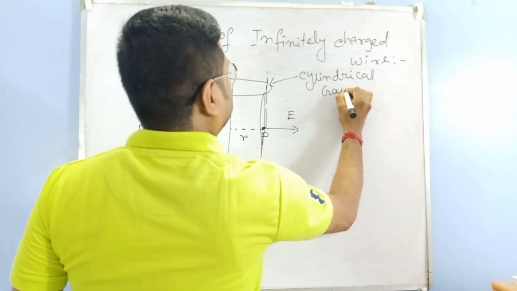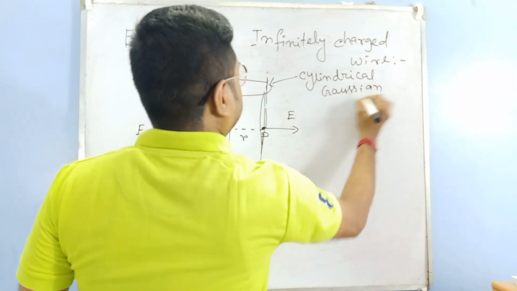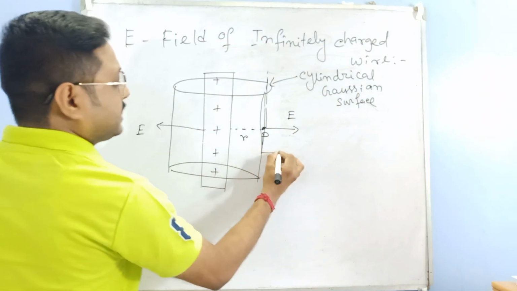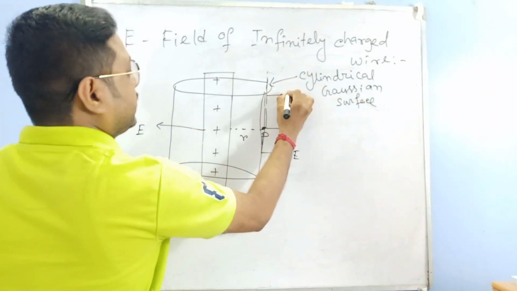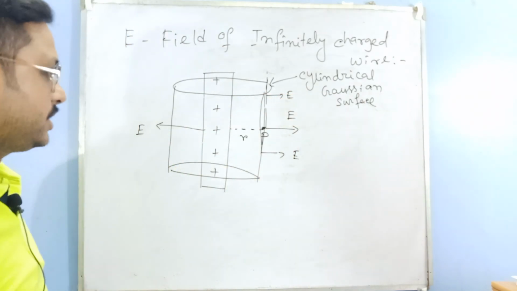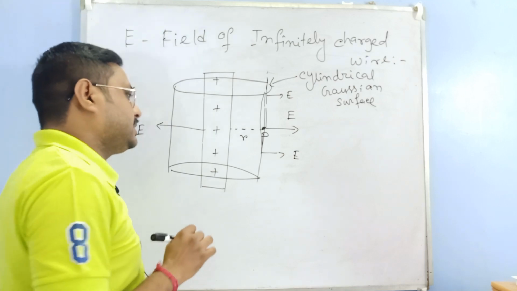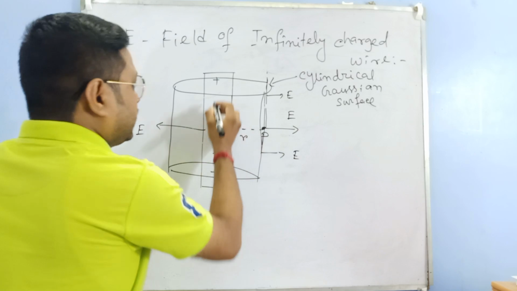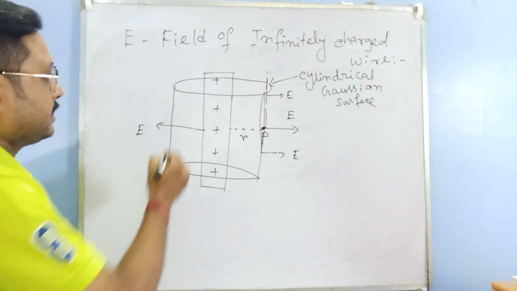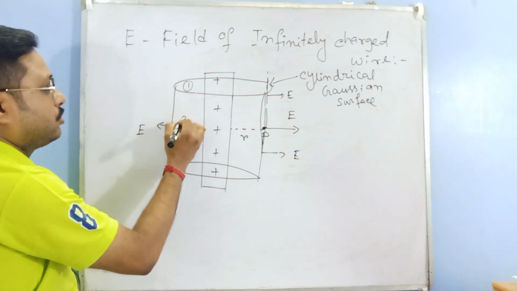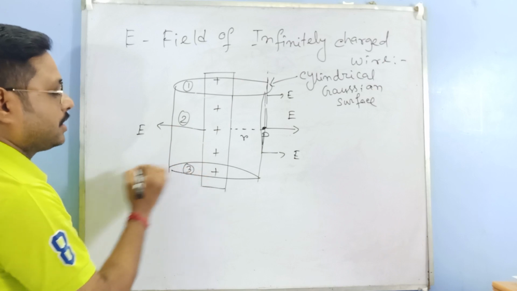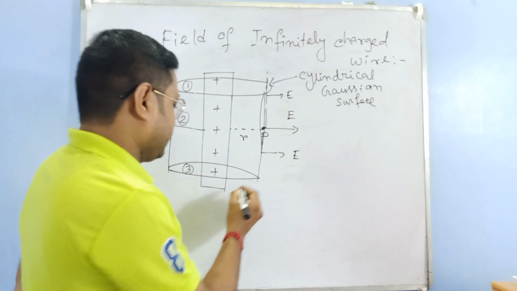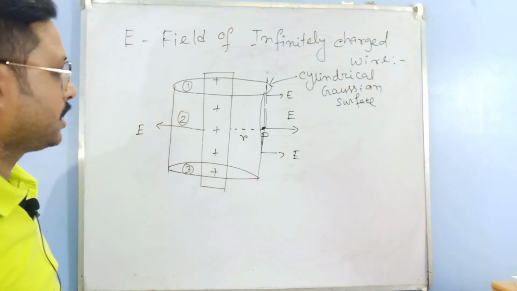Cylindrical Gaussian surface, because at every point on this surface the magnitude of E is constant. It has 3 faces: number 1, number 2, number 3. Among these, 2 faces are symmetrical or equal.